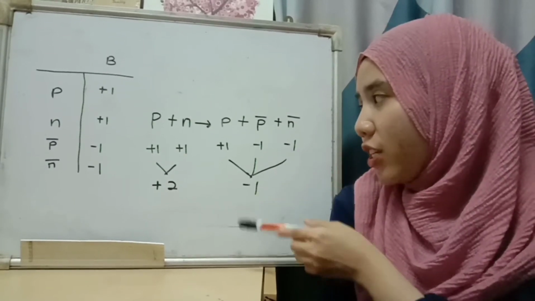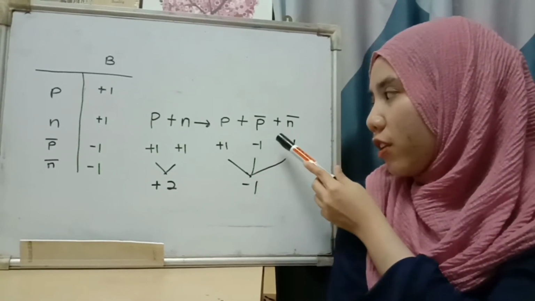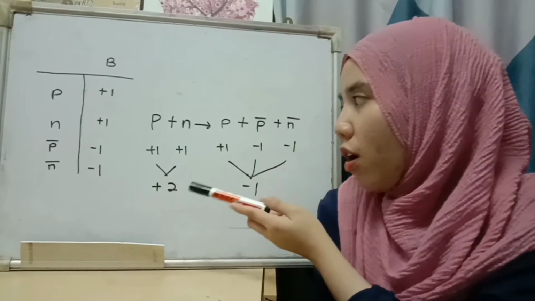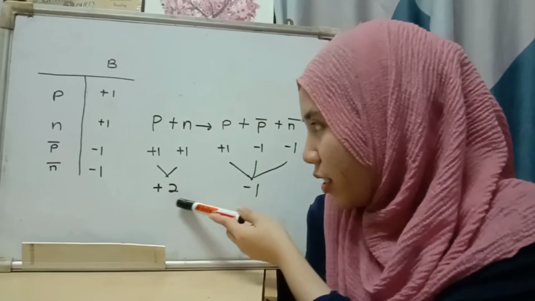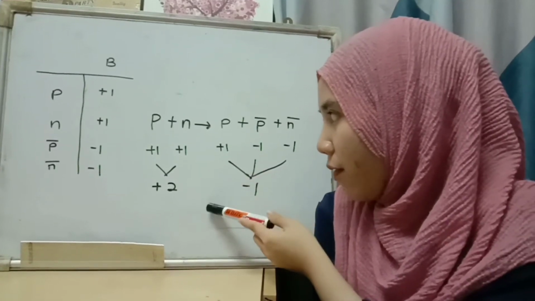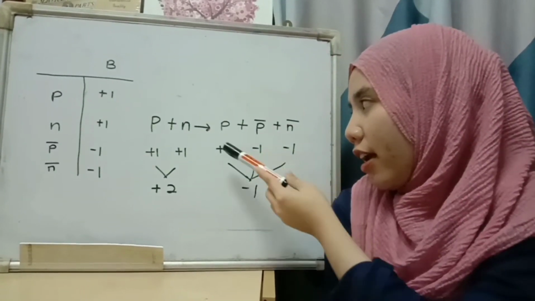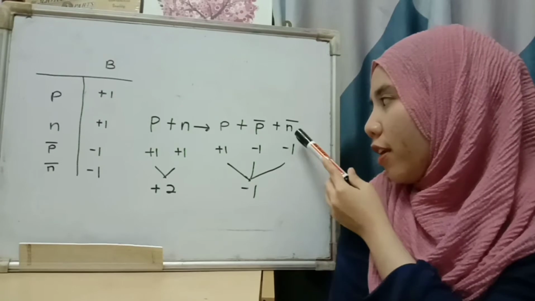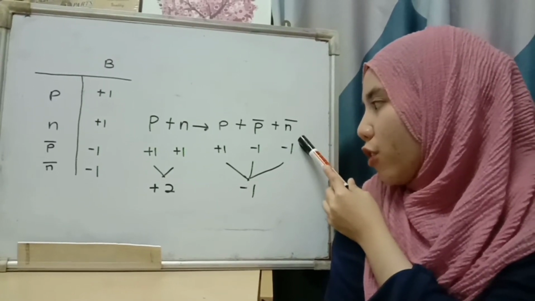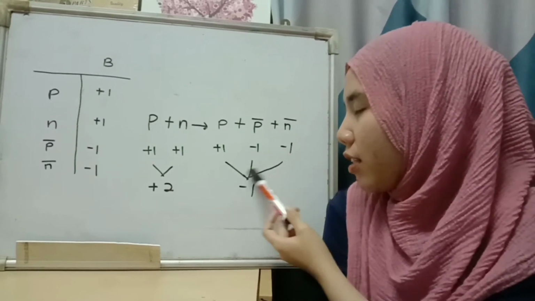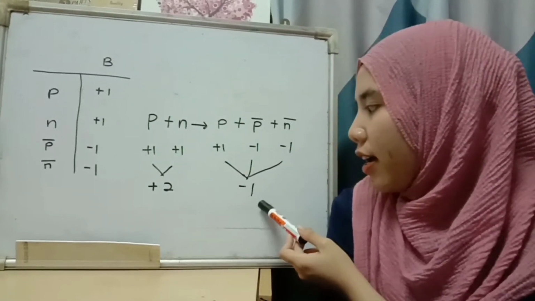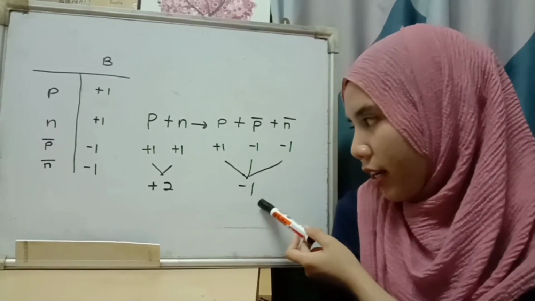During that process, it will produce a proton, an antiproton, and an antineutron. The combination of proton and neutron gives positive 2, and after that, we get the proton, antiproton, and antineutron. The values are positive 1, negative 1, negative 1. We get these values from that table, and when we sum up, we get negative 1.